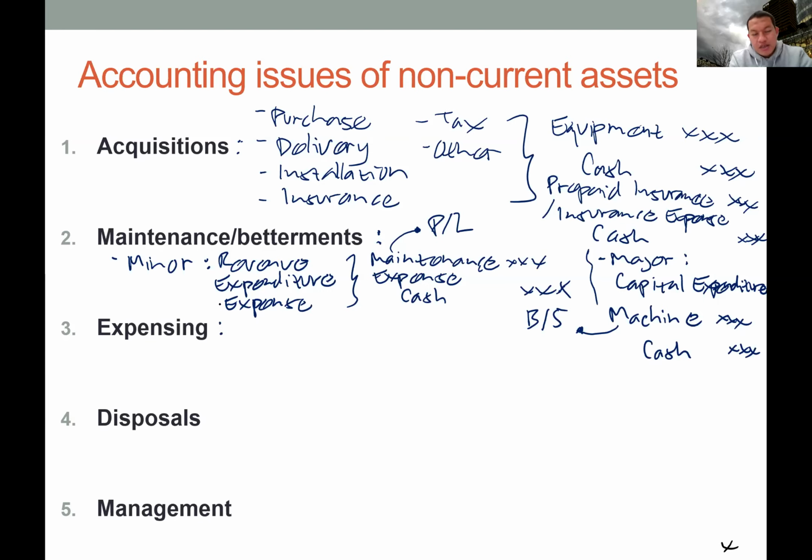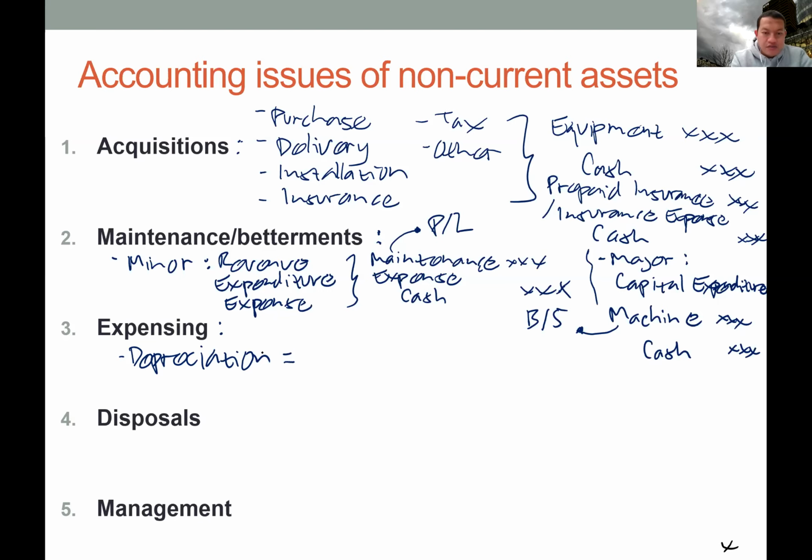The next one is the expensing. We have two types of expensing in non-current asset. The first one is depreciation. As we already discussed, depreciation is systematically allocating the costs of a non-current asset throughout its economic life.